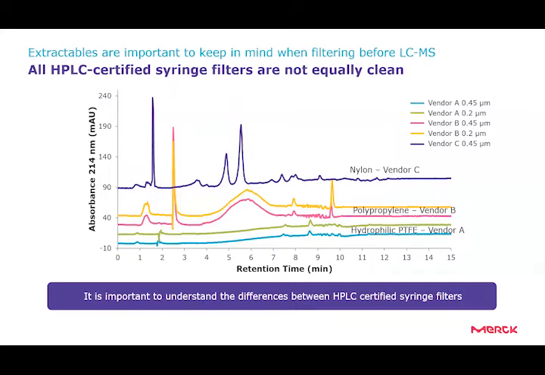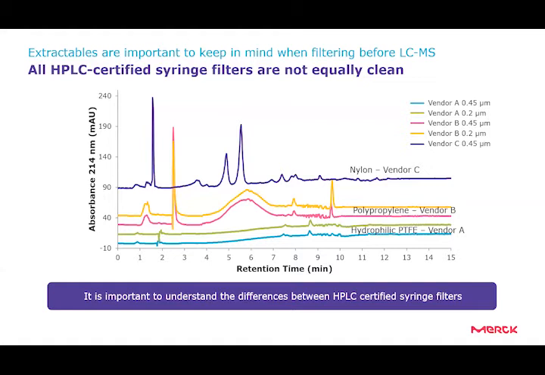Here is an example of various HPLC certified syringe filters from various vendors, which went through the same extractable process using 70% acetonitrile and 30% water as an extraction solvent. The polypropylene syringe filters from vendor B and the nylon syringe filters from vendor C, as well as the hydrophilic PTFE-based syringe filters from vendor A. These are all certified for HPLC using HPLC UV.